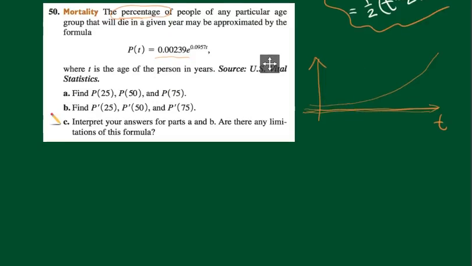Okay. So the important observation here is that it looks like every other exponential function. I don't know what the scale is here, but I know that the general shape is like this. And so we have old people, young people, and then the other thing that I want to call your attention to here is that we are asked two different questions.